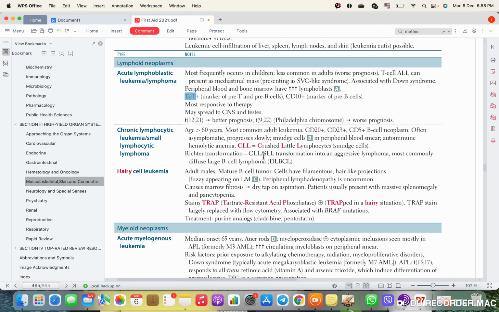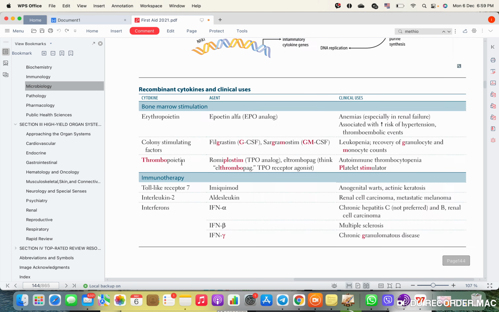Whenever you find it positive, it means, and that's why they mention it in immunology. In immunology, it's just a random fact. They are adding it there. But for the sake of hematology, you must know it. The TdT, when it's positive, is a marker for lymphocytic leukemia. In the future, we'll be able to determine how to look at a vignette and know which type of cancer this patient has, okay?